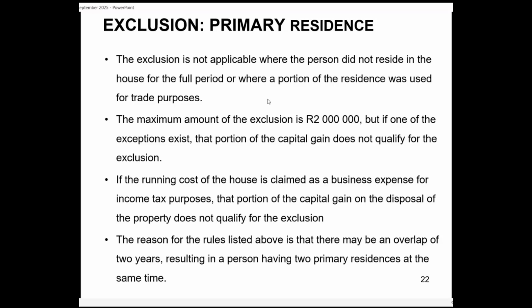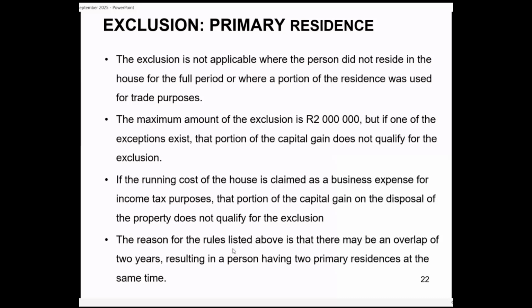Why is it not applicable? Because the taxpayer normally will have qualified for section 11A, which is a deduction. The trade will qualify for deduction. The maximum amount of exclusion is 2 million, and the running costs which were claimed for business purposes, the section 11A deduction claimed by the taxpayer before as business expenses for income tax, that portion of capital gain will also be excluded.